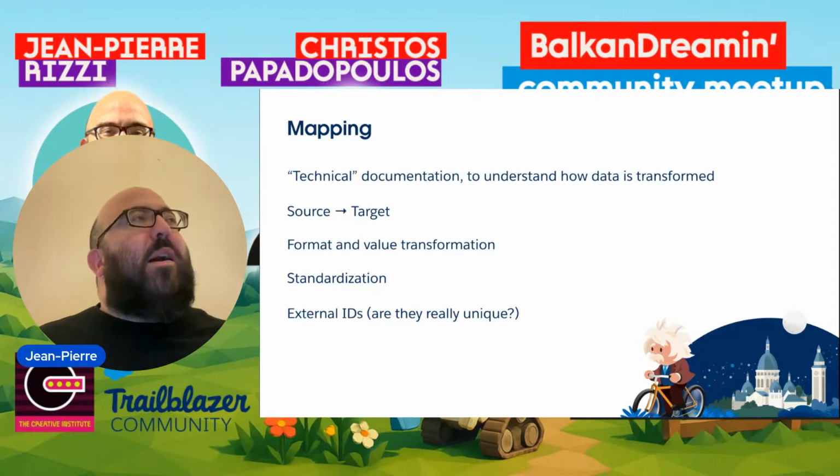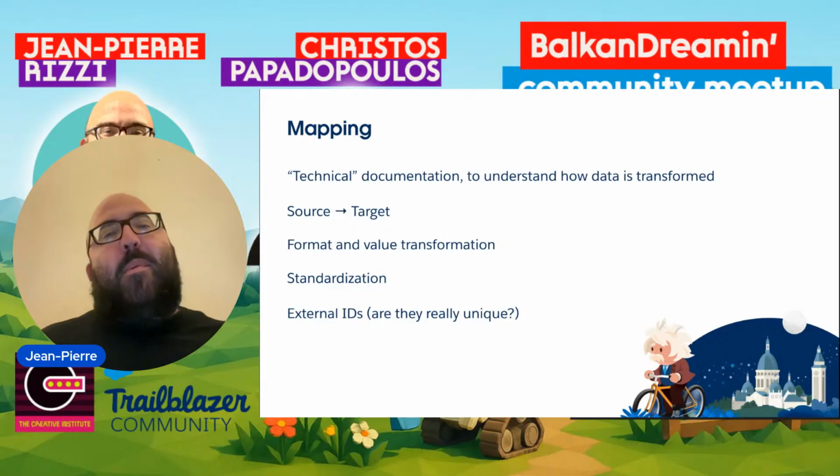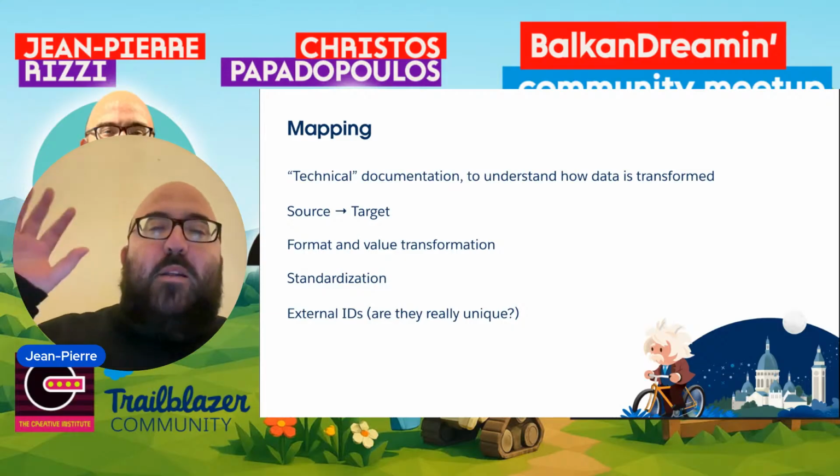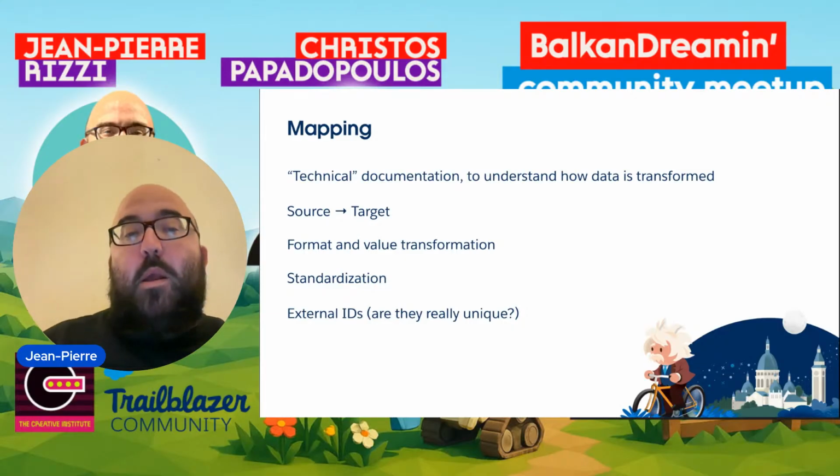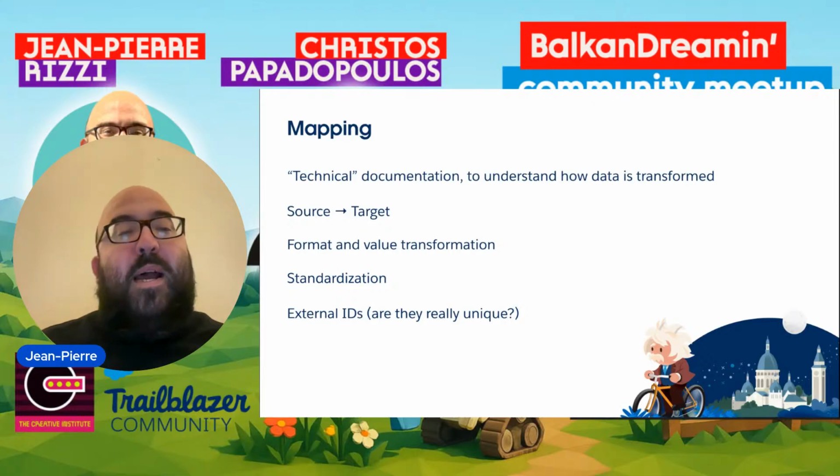When it comes to, for example, saying, okay, we are migrating a checkbox from one source system, it's going to be a fake Boolean field on the target system, for example. You need to make sure that those transformation rules are clearly written in the document.